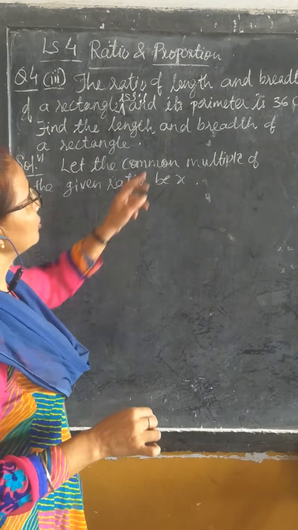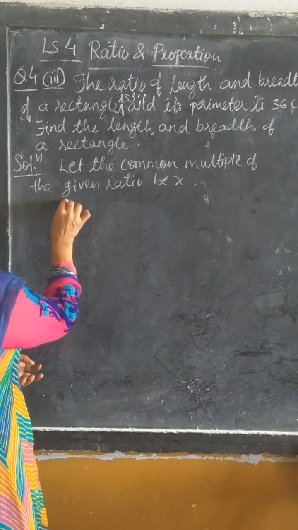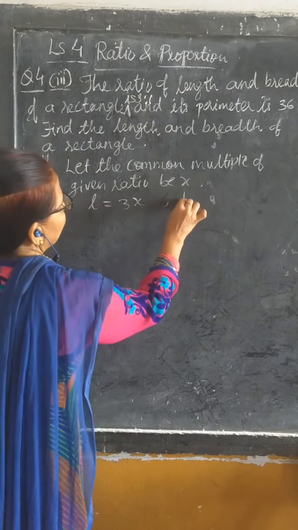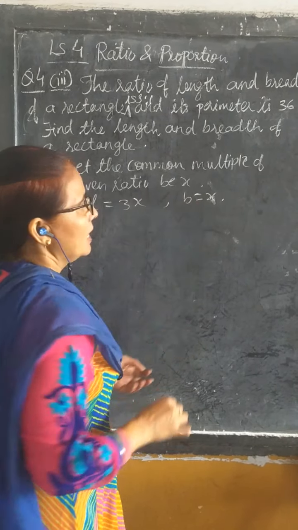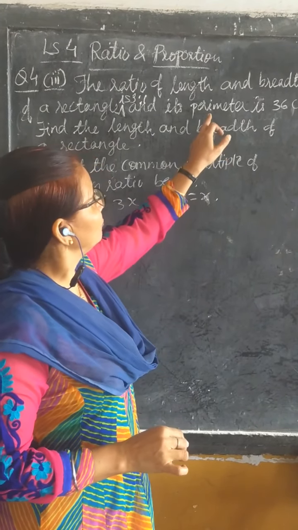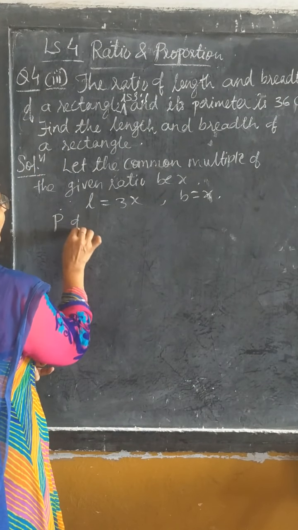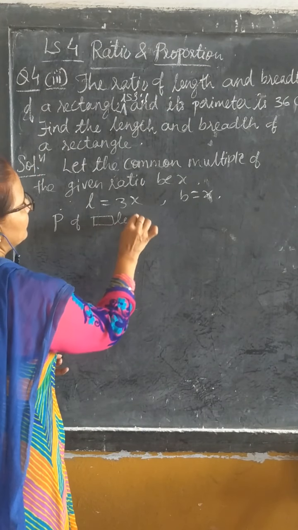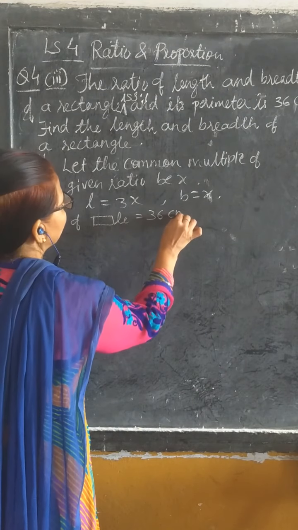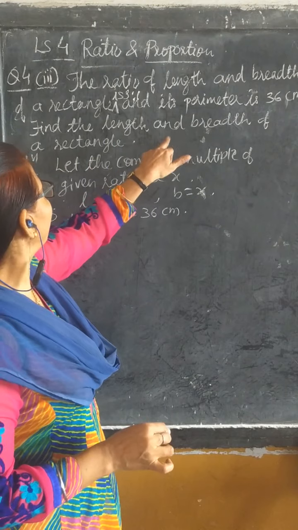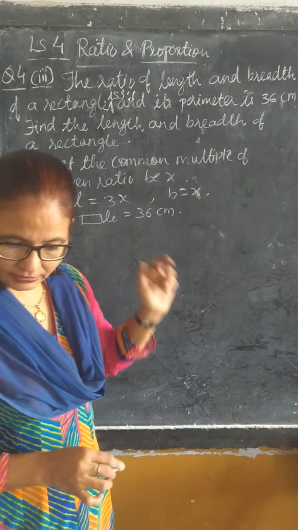Now the ratio is given of length and breadth, so therefore length will be 3x and the breadth will be x. And also what more we have been given? We have been given the perimeter of the rectangle, so let's write that also. Perimeter of rectangle is equal to 36 centimeter. Now you have to find the length and breadth of the rectangle.